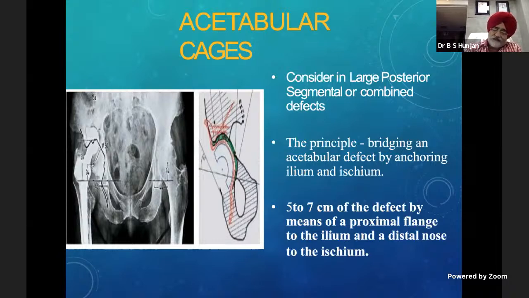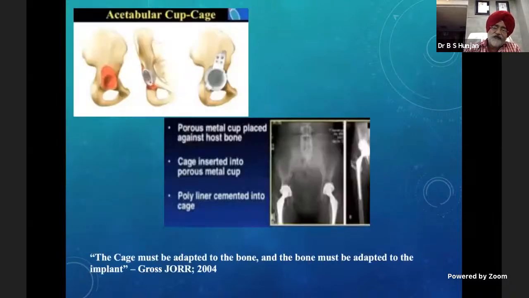Before that, I will tell you how we put it. Now, for the acetabular cup cage, first we ream the acetabulum and put the cup first, then if we see that the cup is not stable, we put the cage.